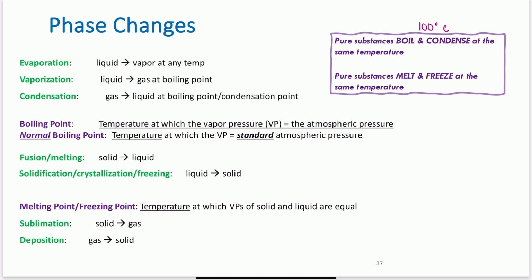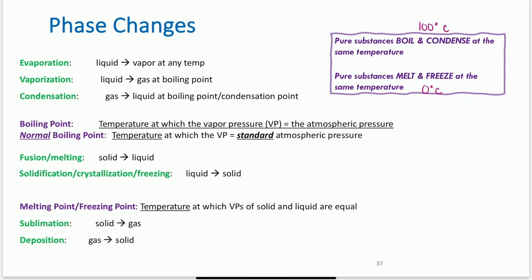If I have water at 0 degrees C, 0 degrees C is where water freezes, right? But it's also where it melts. It's an equilibrium state. You will learn about equilibrium in a different section in Gen Chem 2 specifically, but this is the point where the system can go either direction. It could freeze or it could melt, and it happens at the exact same temperature.